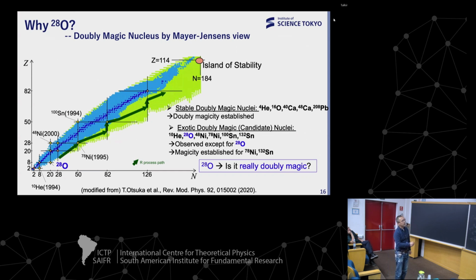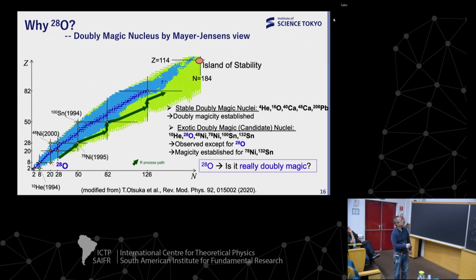And if you extend into neutron-rich or proton-rich regions, exotic nuclear regions, we can probably find only 7 more, as shown here: helium 10, oxygen 28, nickel 48, nickel 78, tin 100, and tin 132. And before our experiment, except for oxygen 28, the other nuclei had already been observed.